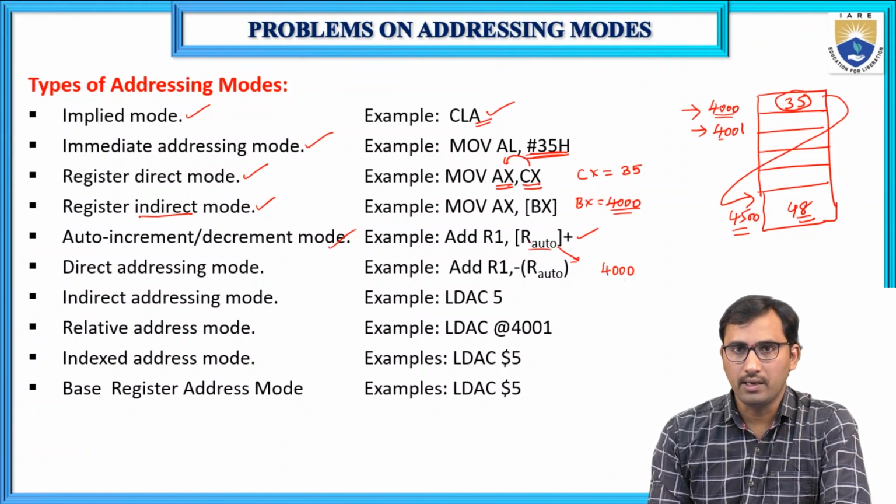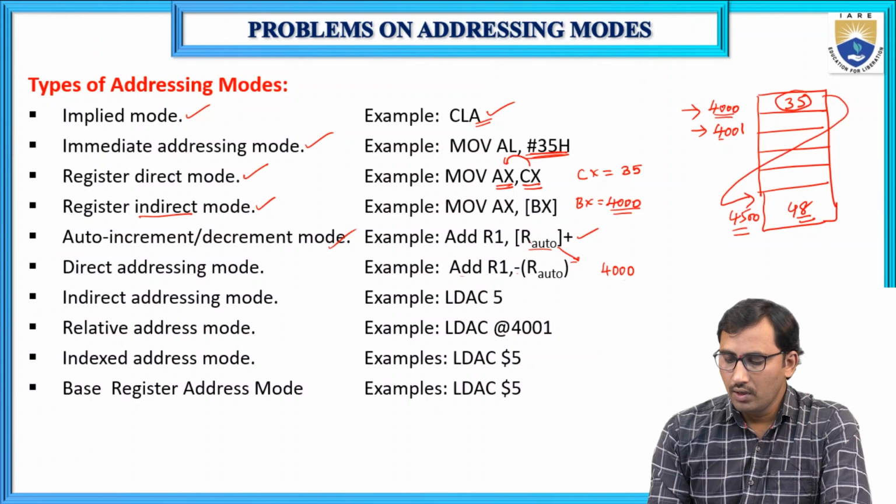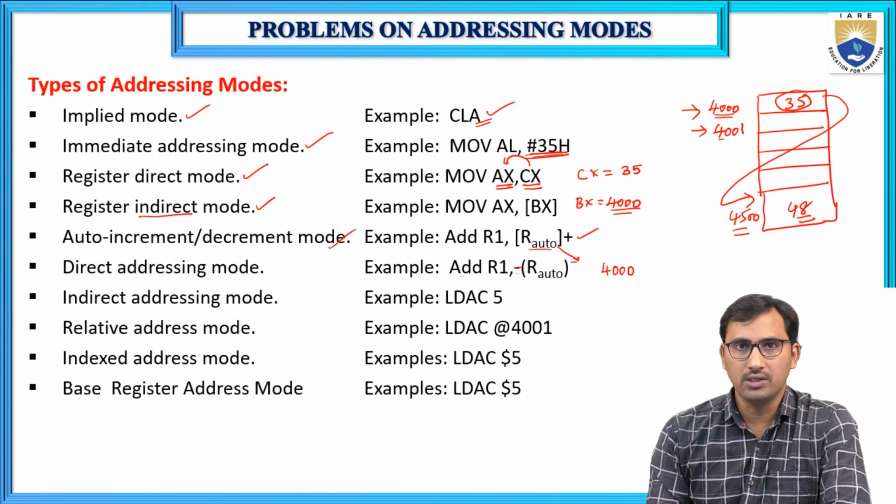Similarly, auto decrement. The auto decrement instruction is ADD R1, minus R auto. So here the minus operator is given before the register. That means initially the decrementing will take place first, and after that the operand will be accessed.